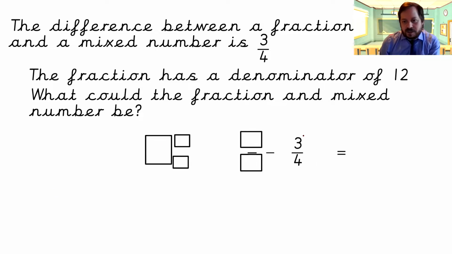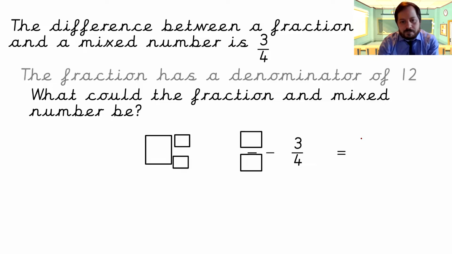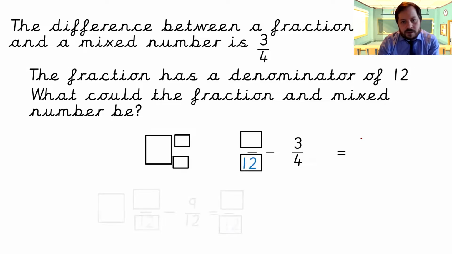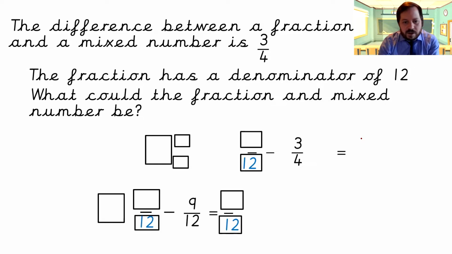This is the fraction that you're minusing 3/4 from. It's got a denominator of 12. So we know that both the mixed number, to make it easy, and the unknown number have a denominator of 12. So what we need to do is also put 3/4 in terms of 12, which we've done here.